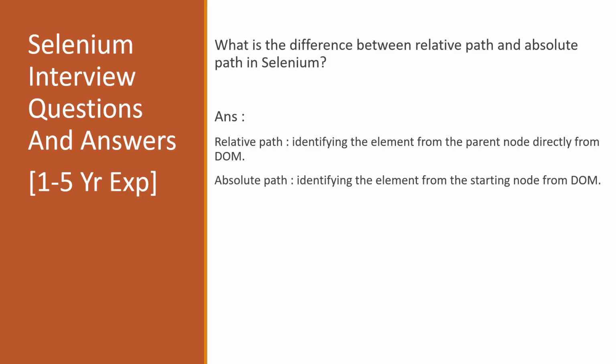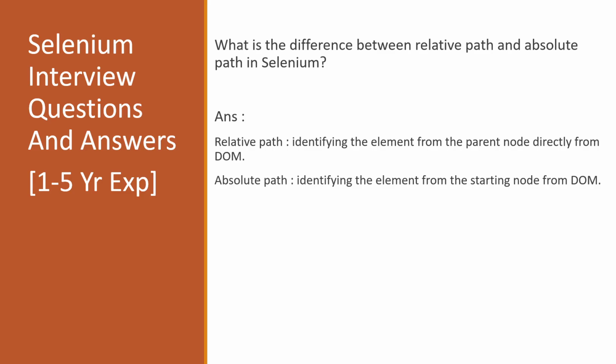So relative path, you know that we are directly identifying the element from the parent node. Okay, we are not trying to find the element from the starting node. Relative path is identified by double slash, and absolute path is identified by single slash.